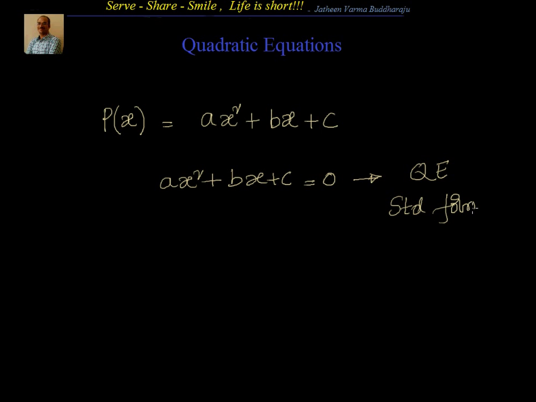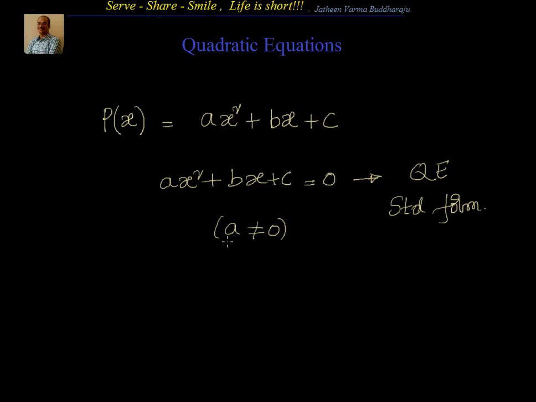So the standard form of a quadratic equation is ax square plus bx plus c equal to 0, where a is not equal to 0, because if a becomes 0, then it will become a linear equation in one variable. So that's simply about the quadratic equation.